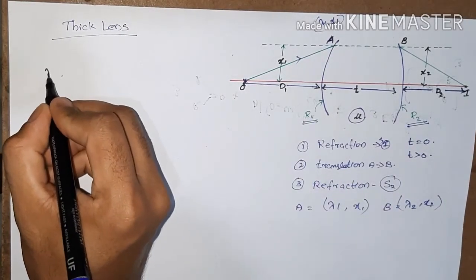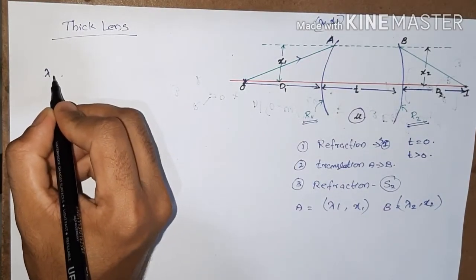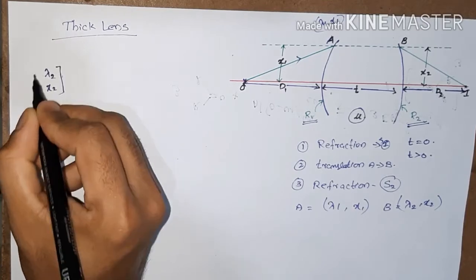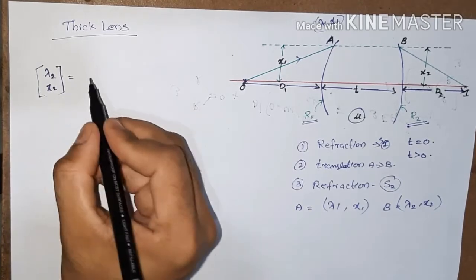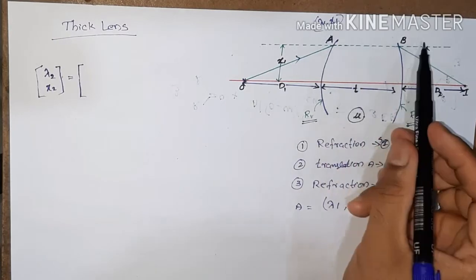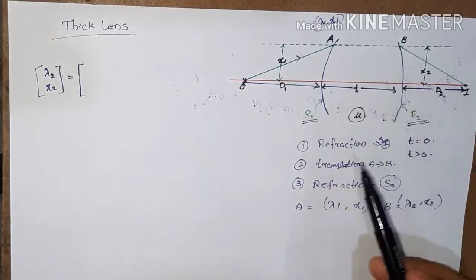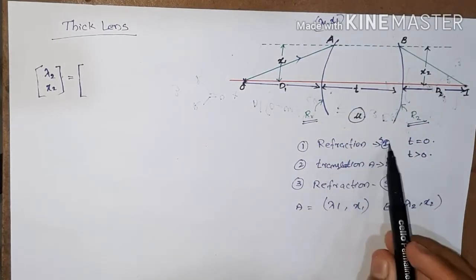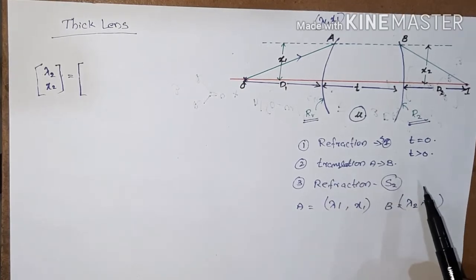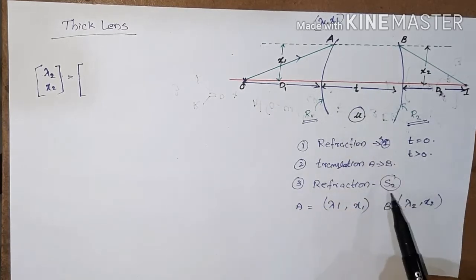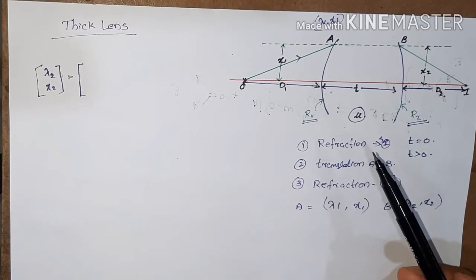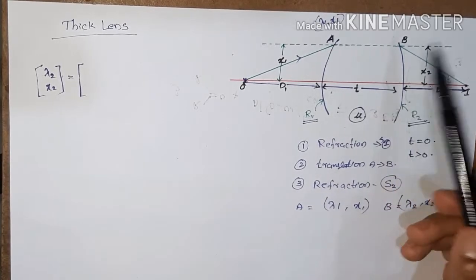By using the matrix method, I can represent lambda 2 and x2 as a column matrix equal to the product of matrices, since moving from A to B involves three phenomena: first refraction, translation, and second refraction. In denoting these phenomena in matrix representation, we have to follow the path of the light ray in reverse order.